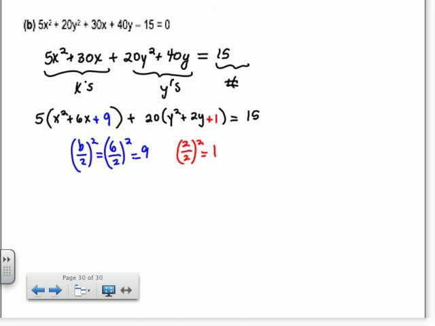And I always need to balance my equation. So I added 9 and I added 1, so I'm going to add 9 and add 1 on the right side, right? No. What am I really adding? Yes. So you're really adding 45, because 9 times 5, right? And you really added 20.